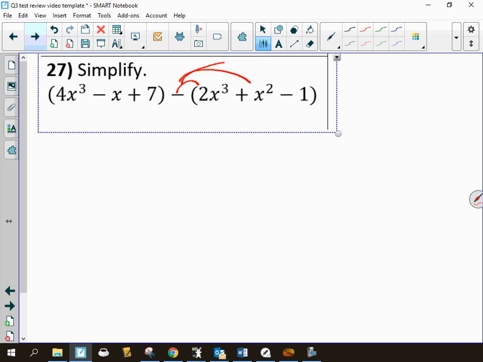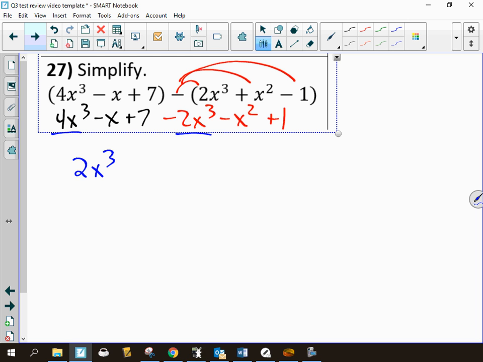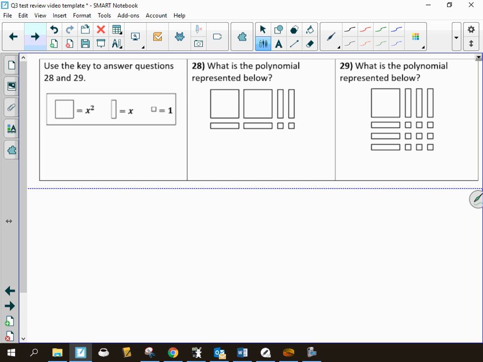27, simplify. So here, this is a tricky one. Remember, if you subtract something in parentheses, you have to distribute the negative. So I always like to rewrite these. And then we have to combine like terms. Remember, in order to combine like terms, they not only are the same variable, the variable has to be raised to the same exponent.